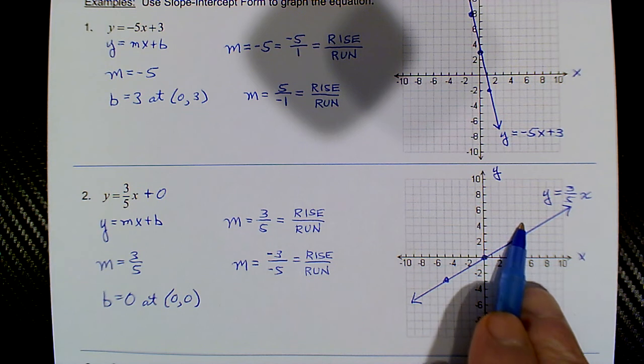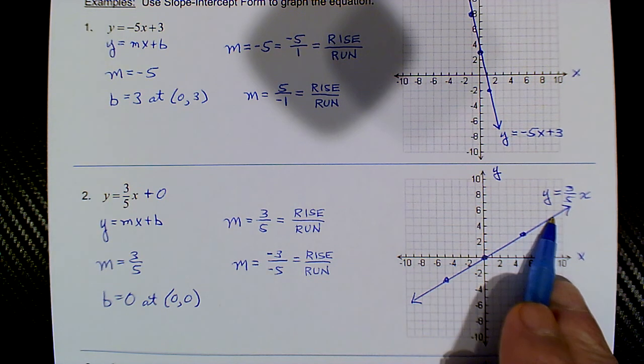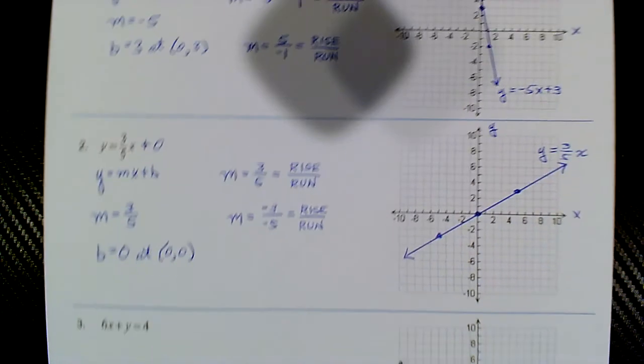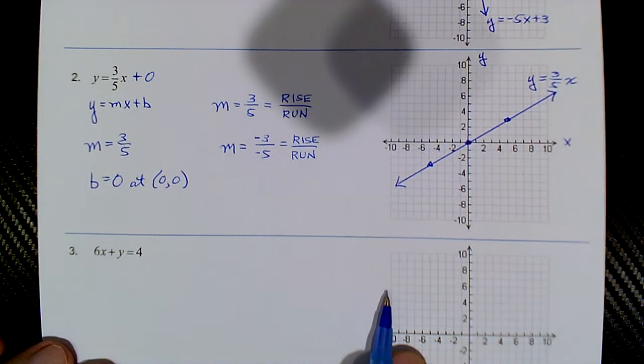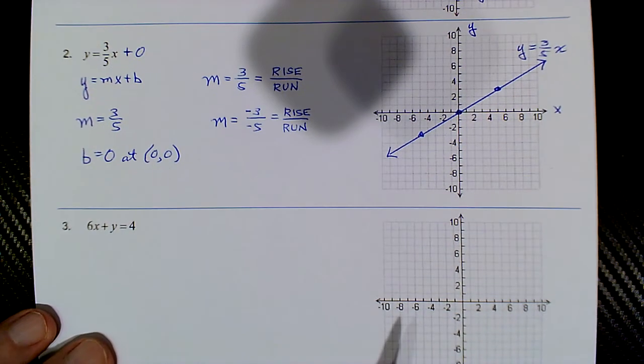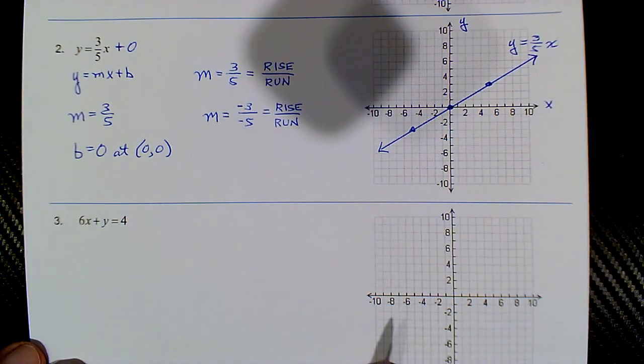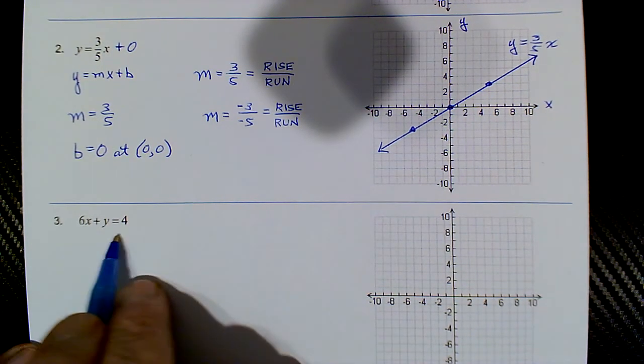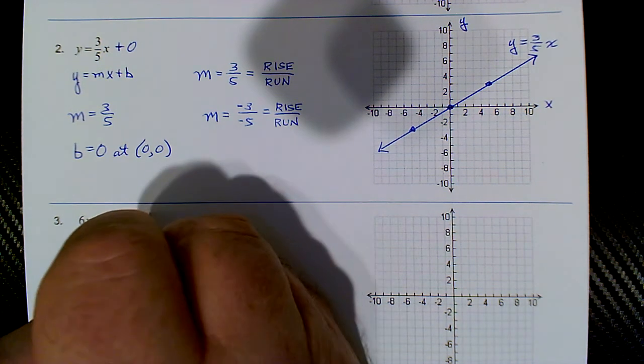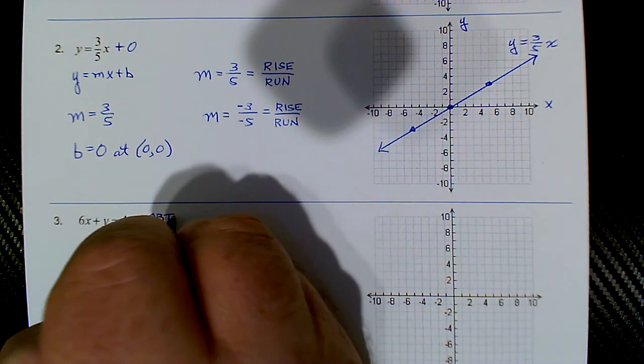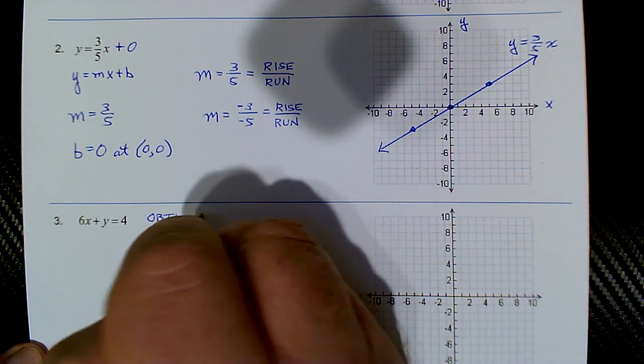Okay, so you can find more points if you wanted to. But this is just a convenient way to graph a straight line. Now, if it's not in slope-intercept form, like this equation, then you have to obtain y equals mx plus b form.